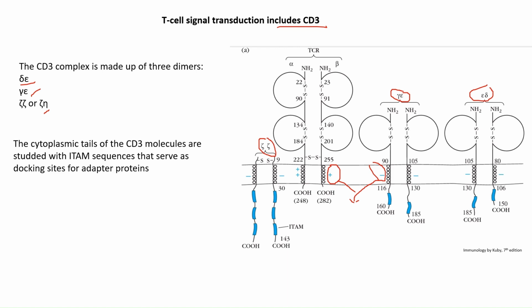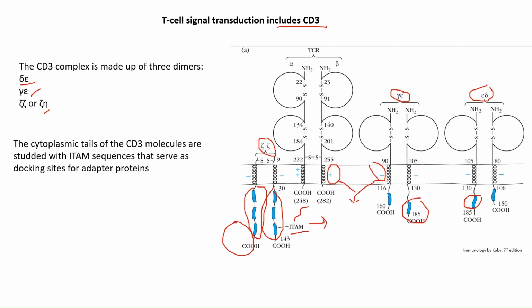Now coming to the cytoplasmic tail, if we see these blue segments, these are known as ITAM. What is ITAM? ITAM means immunoreceptor tyrosine-based activation motifs. We already learned that in cell signaling, here the phosphorylation of tyrosine takes place, that helps to activate this cytoplasmic tail and make the site for the attachment of any adapter molecules.